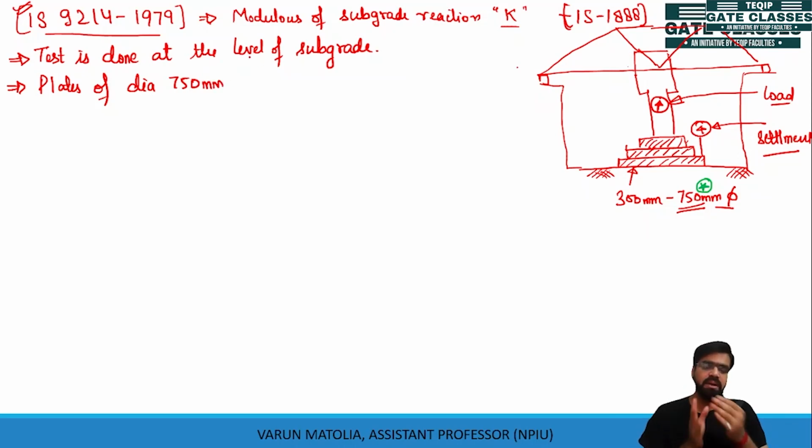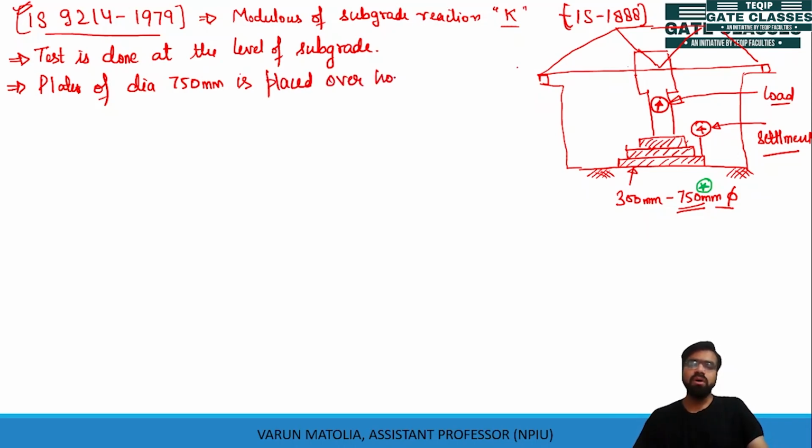The plates are available from 300 mm to 750 mm, but specifically for roads we use a 750 mm dia plate, placed over a horizontal surface. So this base is made horizontal. Coarse sand is distributed and compacted and checked with the help of a bubble tube, and if it is not horizontal, then the leveling is done again.